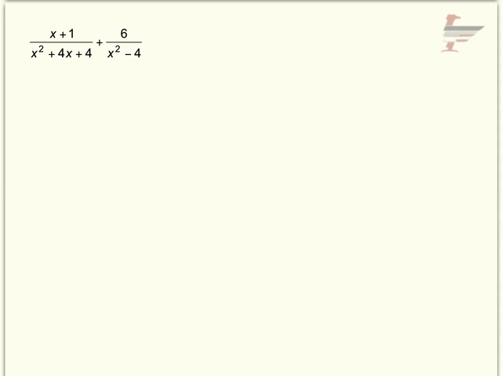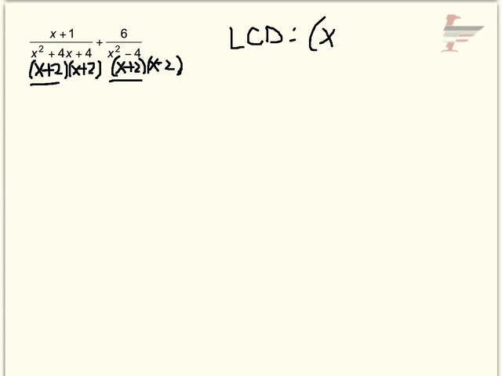Alright, the next one does not have a common denominator, and both denominators can be broken down, so I'm going to rewrite x squared plus 4x plus 4 as x plus 2 times x plus 2, and my second denominator is x plus 2 times x minus 2. So what they have in common, for the least common denominator, they both have an x plus 2 in common, so I can write that down one time.